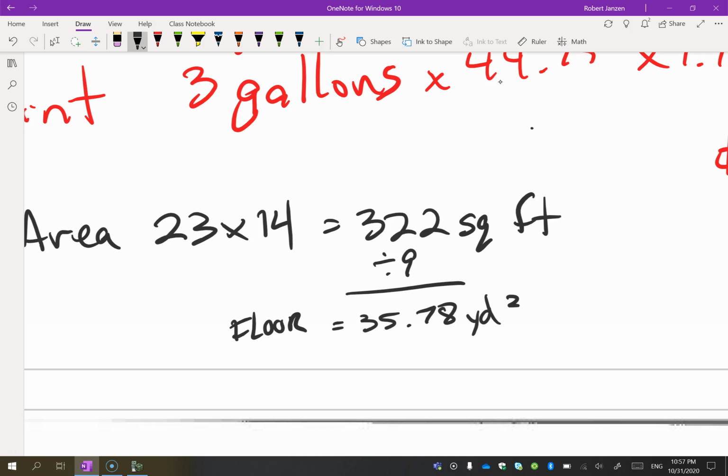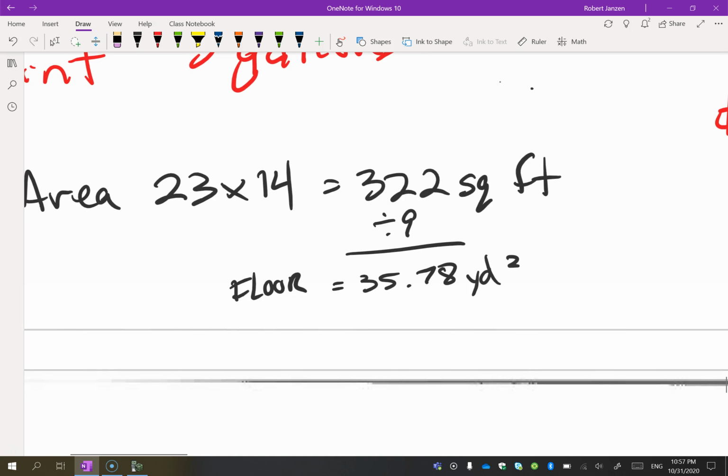Now we need to figure out how many boxes. So each box covers 2.5 yards. So to find out the number of boxes, we're going to take 35.78 and divide it by 2.5.